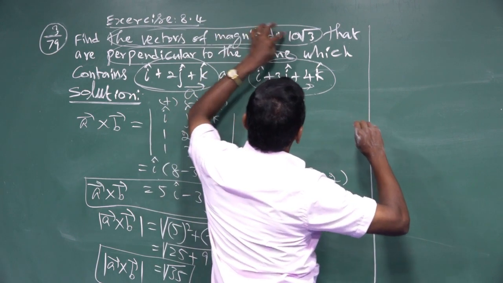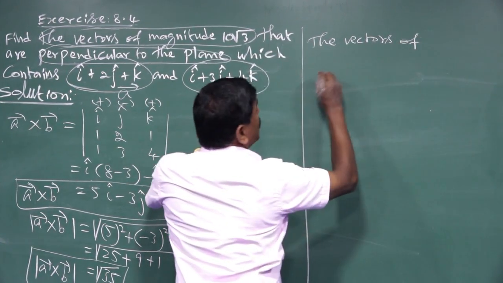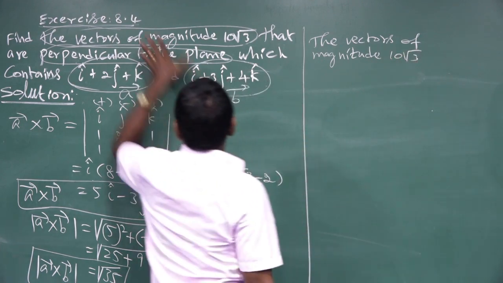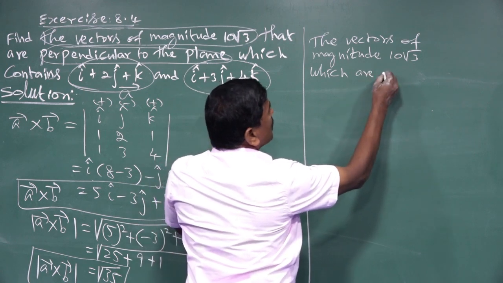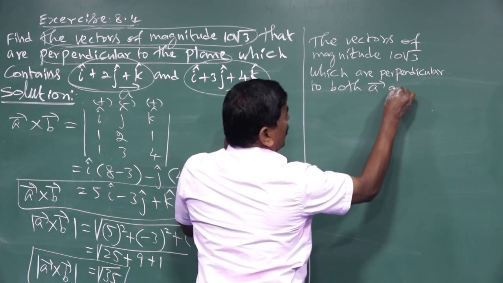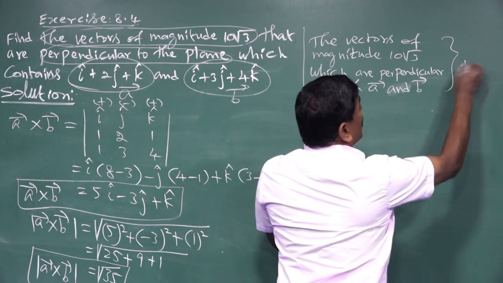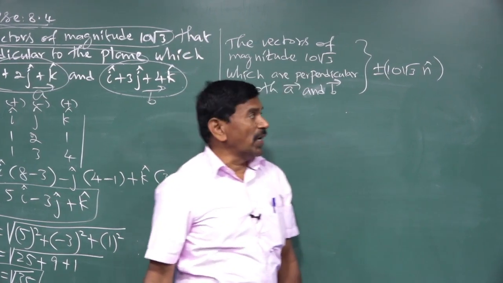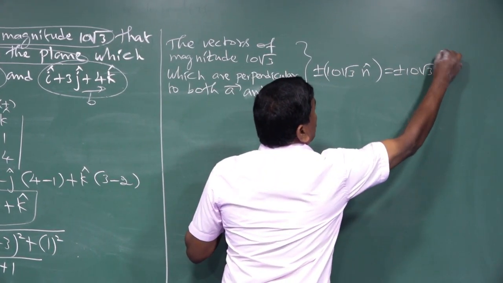The vectors of magnitude 10 root 3 which are perpendicular to both a vector and b vector is given by the formula plus or minus 10 root 3 into n cap, which is equal to plus or minus 10 root 3 into bracket.